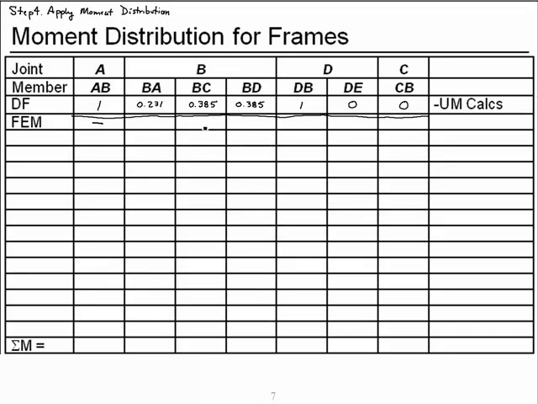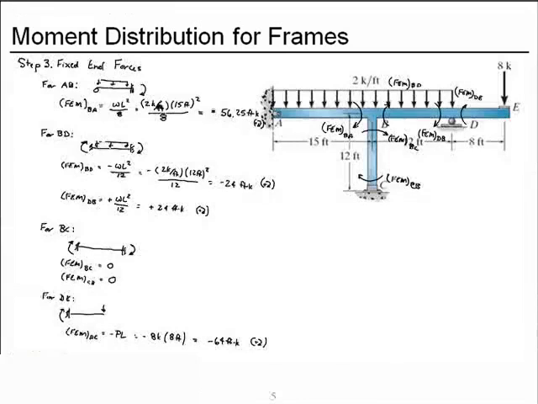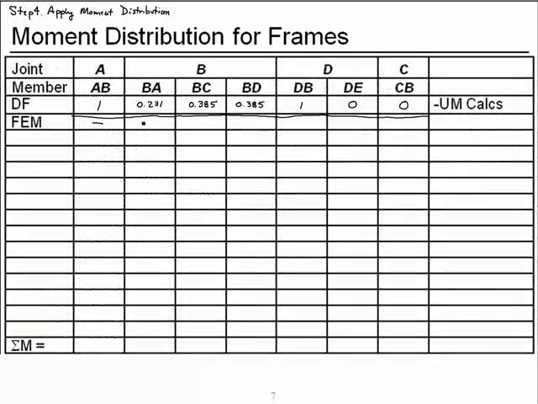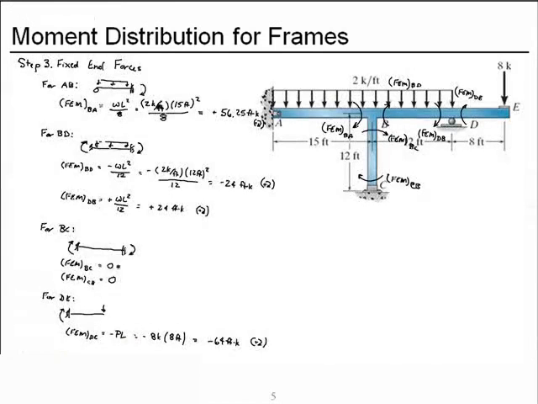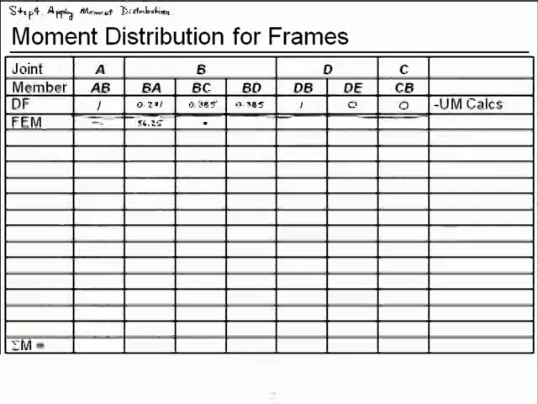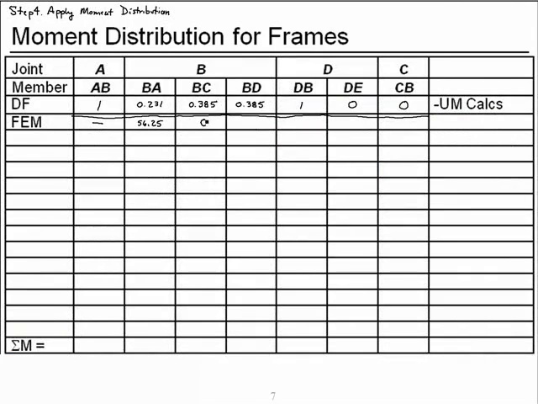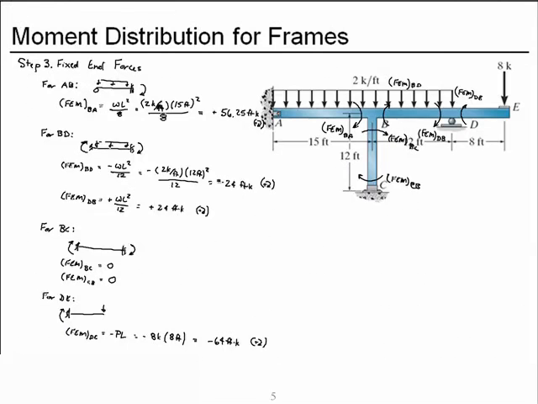But now, for the members that frame into node B, BA has a fixed end moment of 56.25 foot kips. BC we found to be 0. And BD we found to be negative 24 foot kips.